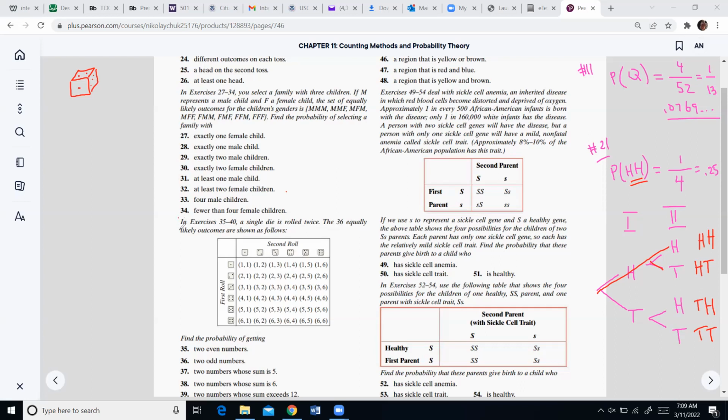So in a group of exercises next to it, they're talking about rolling it twice. Or if we had 2 dice and just throw them once, it doesn't really matter because it's pretty much the same exact situation.